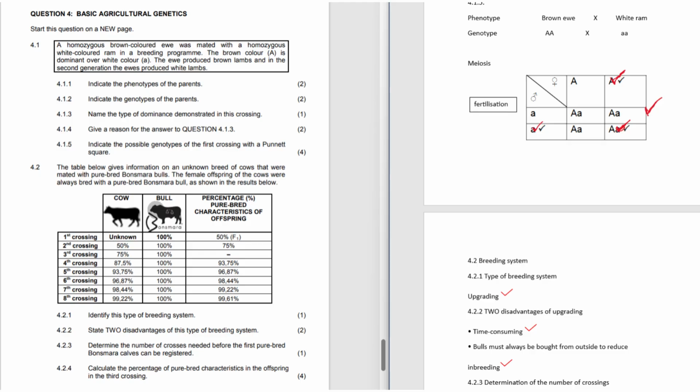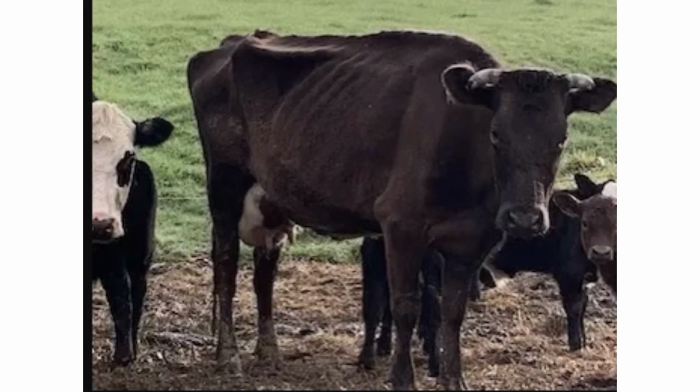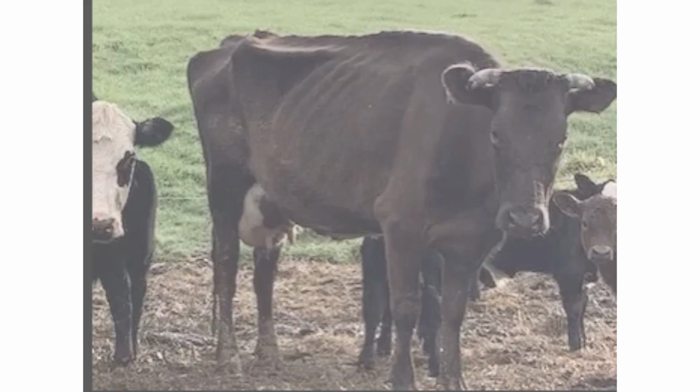So we want to avoid inbreeding or reduce inbreeding. That means you will have to rent or buy external bulls to come and improve the herd with those superior desired characteristics. We want that bull to bring those superior quality characteristics into our herd. So that's why it is expensive as bulls have to be bought from outside to reduce inbreeding. We don't want inbreeding, that's why we take outside bulls.